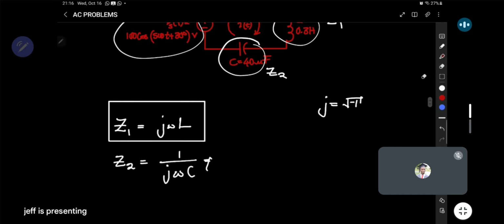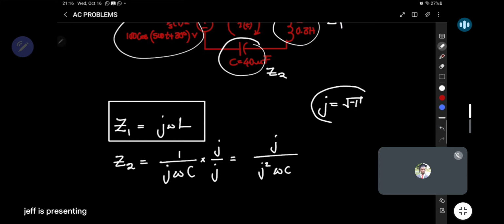To rationalize, we're just trying to get rid of that complex number J from the denominator by multiplying the numerator with a J and the denominator with a J. If you did that, the J will now appear on top, but in the denominator, you will have J squared, or J multiplying J, while you still have the omega C.